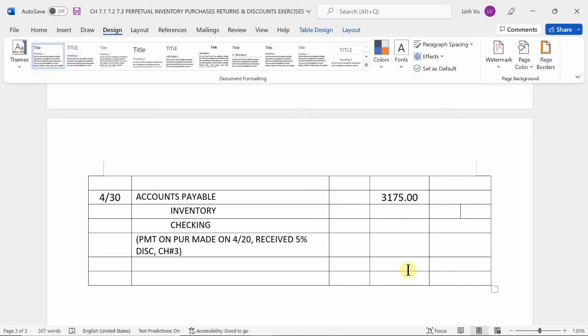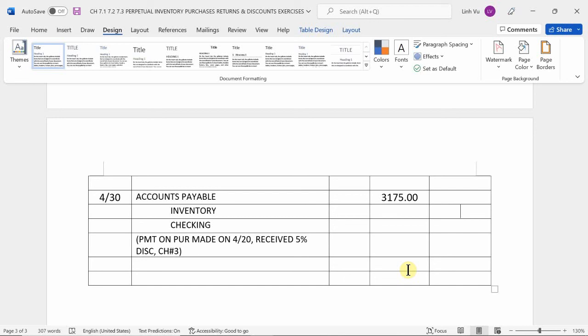So what is 5% of 3,125? Was it 125 or 175? Well, 3,175 includes freight. Can you discount freight?